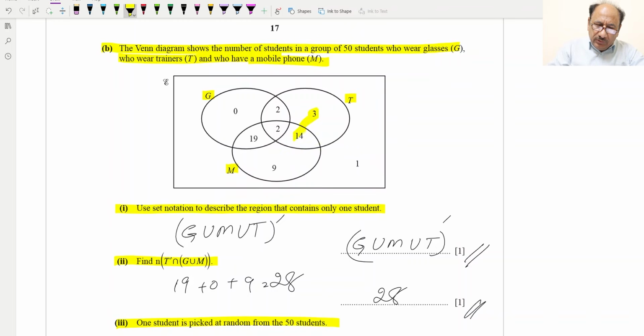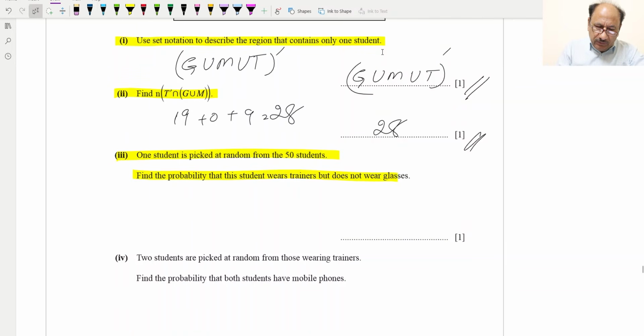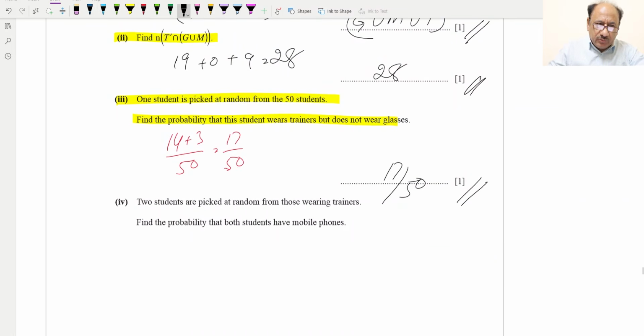So it will be this one and this one. These are glasses, so we will exclude this. So we will take only these two, which is 14 plus 3 out of 50, which is equal to 17 out of 50. So this probability will be 17 out of 50 for 1 mark. Hopefully you understood this.